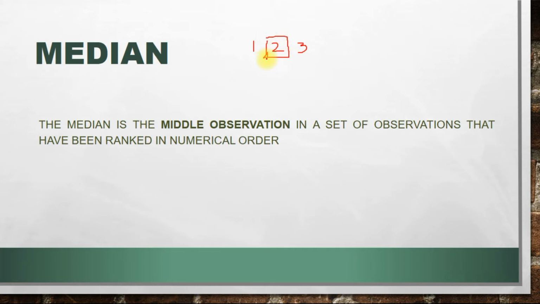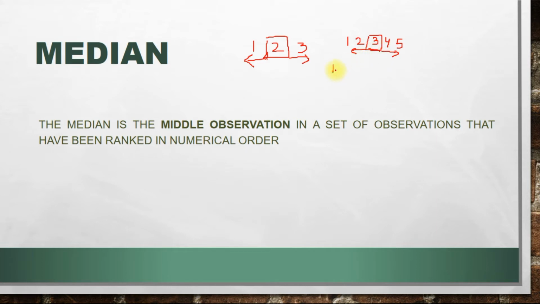There are equal numbers of observations before 2 and after 2. Similarly, if I have 5 data points, 1, 2, 3, 4, 5, the middle value is 3. We have 2 observations below 3 and 2 observations above 3. So, 3 is the middle term.